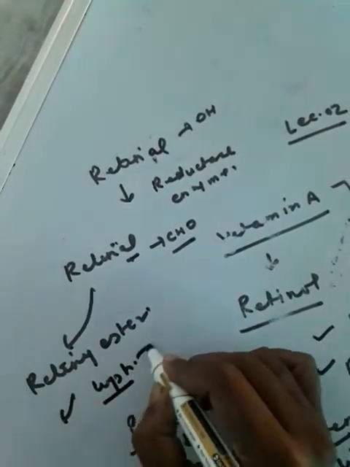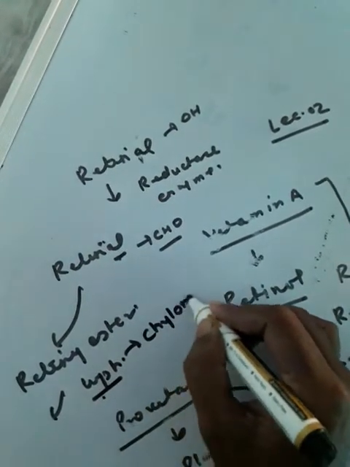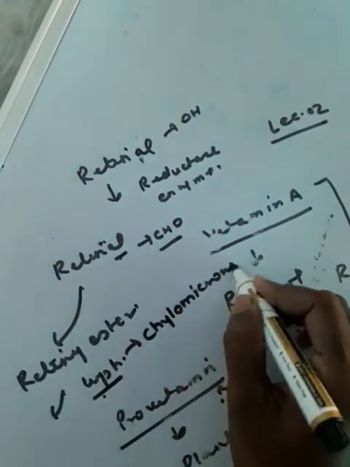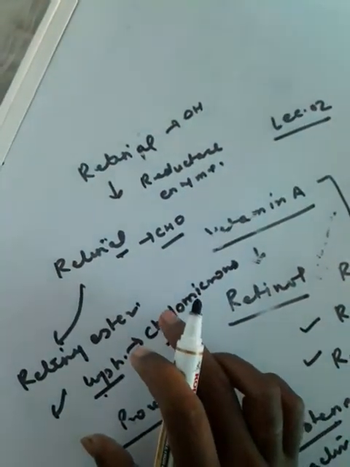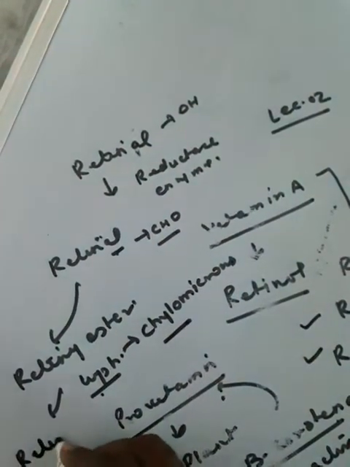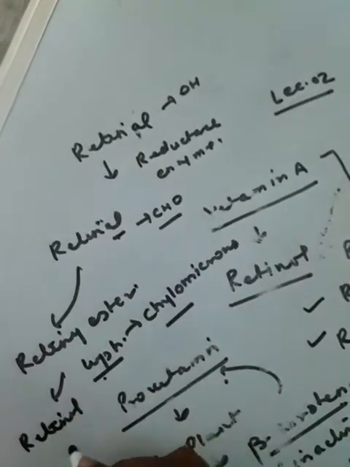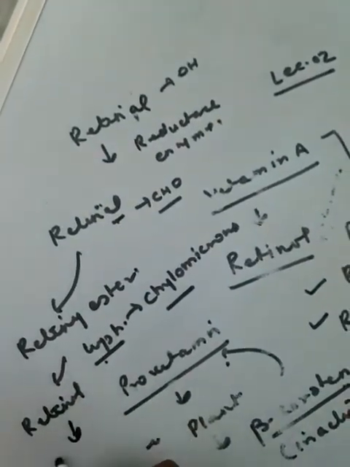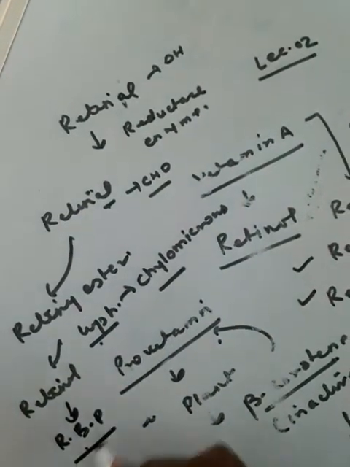In the lymph, chylomicron is present. This chylomicron converts the retinyl ester to retinol. And in the blood, retinol binding protein is present.